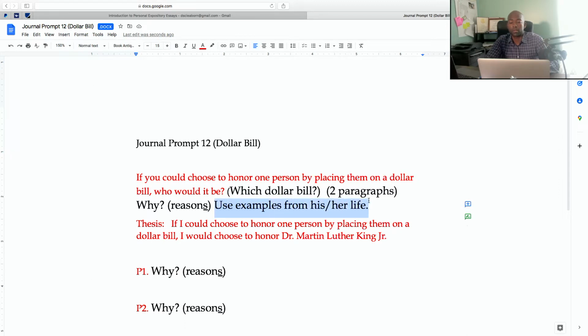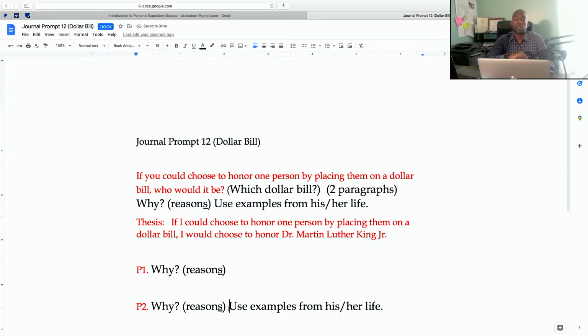So I'm going to put that here, primarily in paragraph 2. Some examples. Now, all I did was purpose in my mind to make sure I included everything that the writing assignment asked me for. That's really, really key: including everything that the writing assignment asked for.